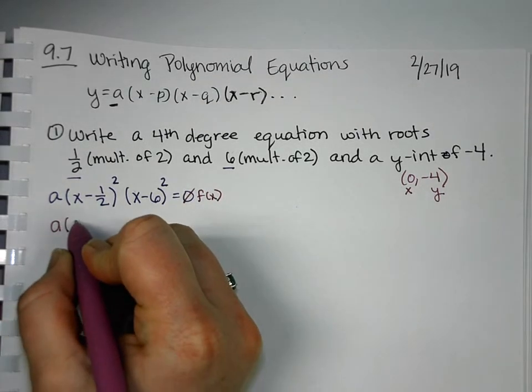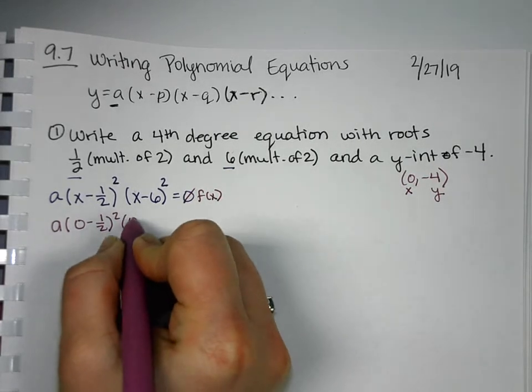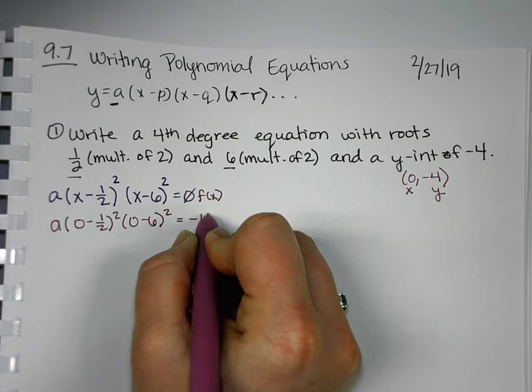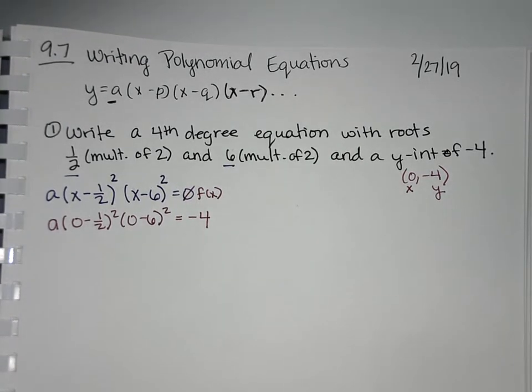I know that 0 is x, and I know that y has to equal -4. We're going to solve this for a to see what constant our a might be. If we get 1, awesome, it means we didn't have a GCF. But if we get something else, then that means we had a GCF that we factored out.